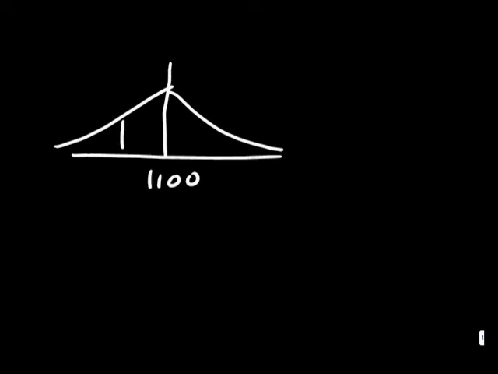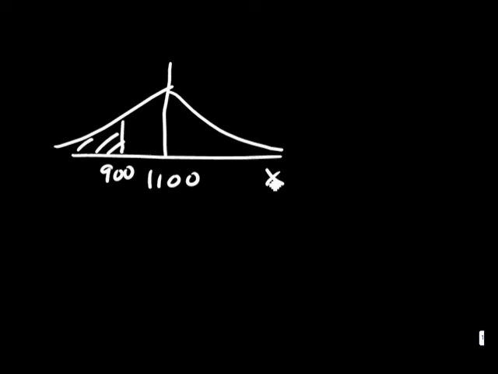Drawing our normal distribution, 1100 is the mean, 900 is to the left, less than 900 gives us a left tail.